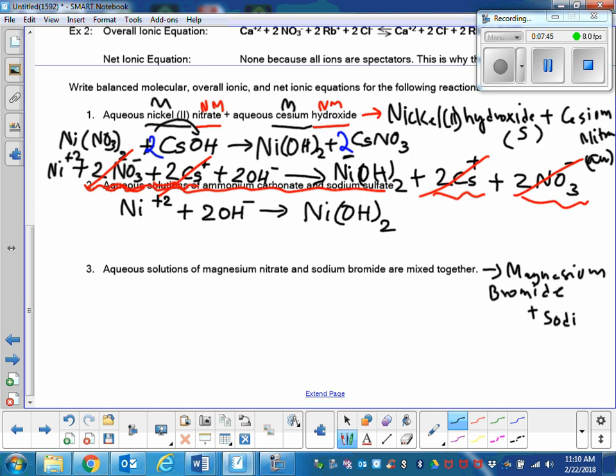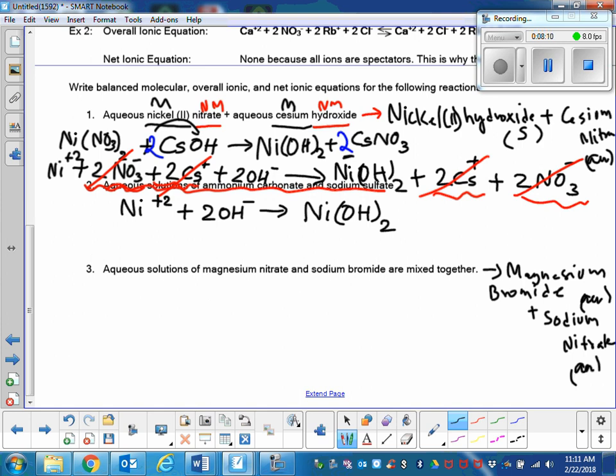Is that right? Can somebody tell me what is the state symbol for magnesium bromide? Is magnesium bromide aqueous or a solid? It's aqueous. What about sodium nitrate? Is sodium nitrate also aqueous?